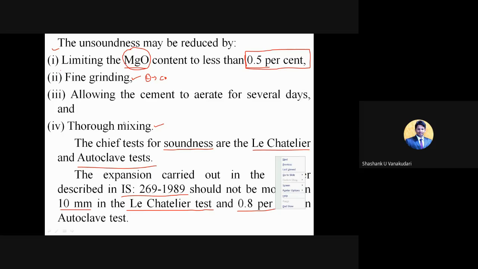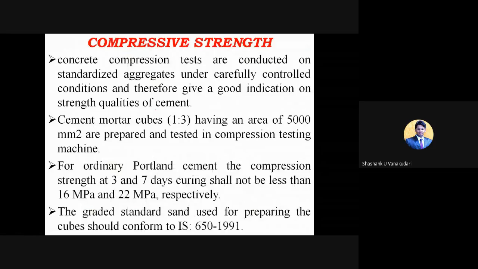And then the compressive strength, the main aspect of cement, that is strength. So however you are going to use any materials, ultimately it should achieve the proper strength within the structures, but it should not affect the other properties of the cement. Clear? So here the concrete compression tests are conducted on standardized aggregate under carefully controlled conditions, and therefore it should give a good indication of the strength qualities of the cement.